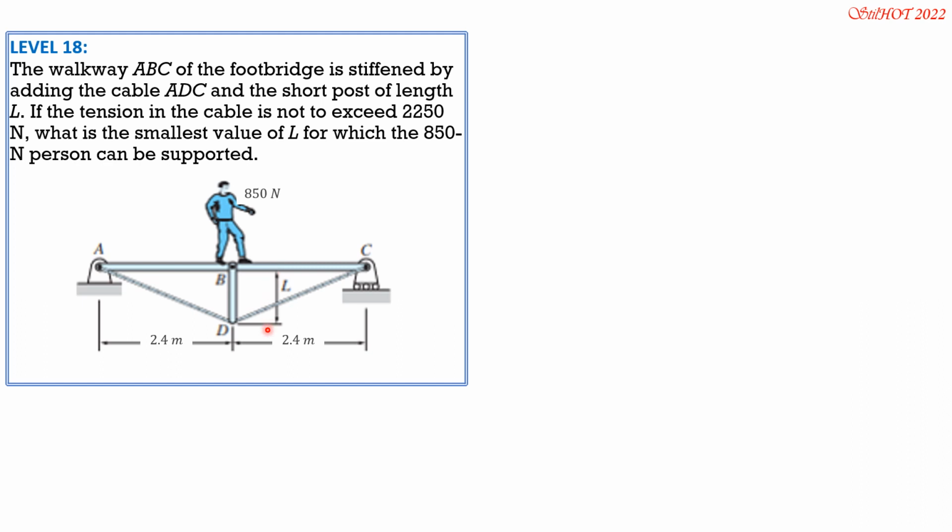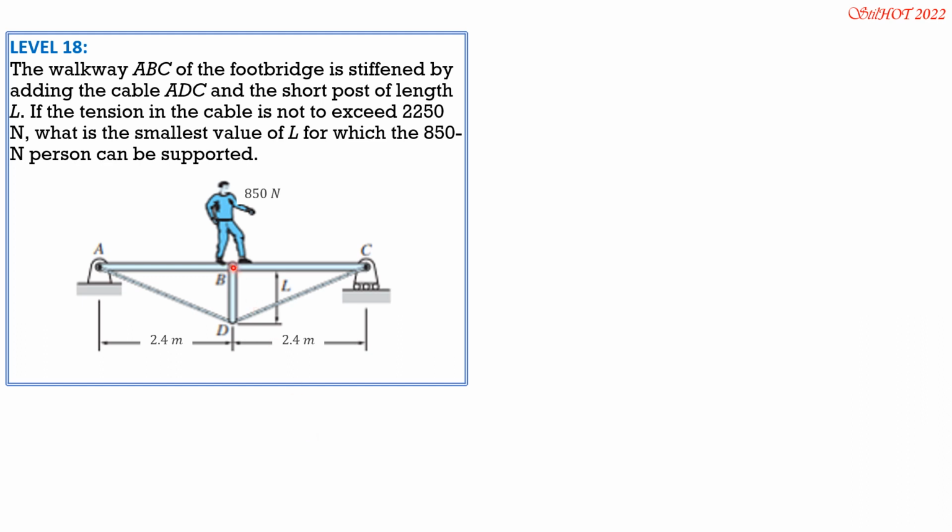For L to be smallest, the person must position himself at the center of the beam. Or else, if he positions anywhere else on this horizontal platform, then L will not be the shortest one.